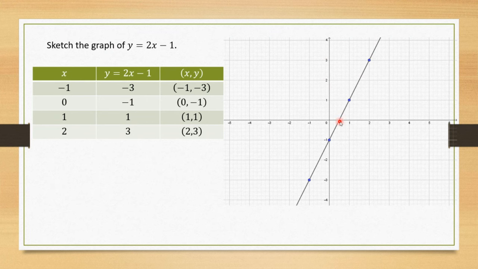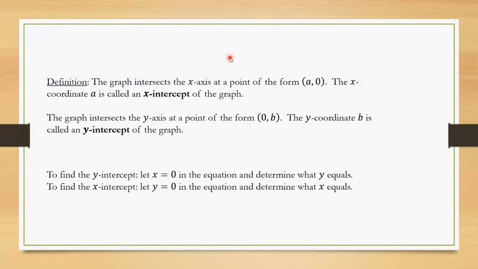So this is going to be of the form a, 0 for some a. Here, you're passing through the y-axis, so your x-coordinate has to be 0. If your x-coordinate is 0, you can only move up or down, so you're stuck on the y-axis. And that's what this definition is reminding us.